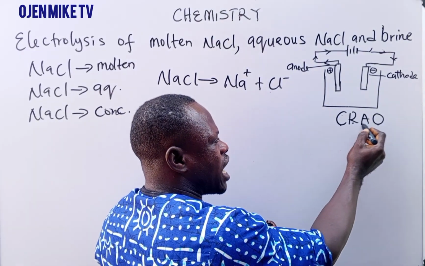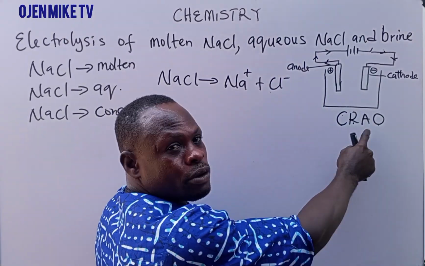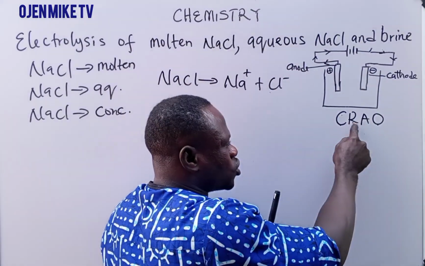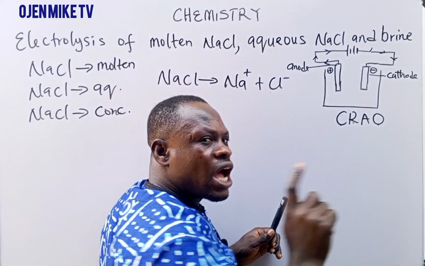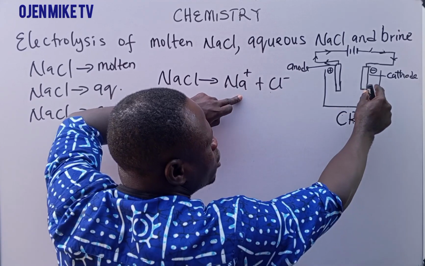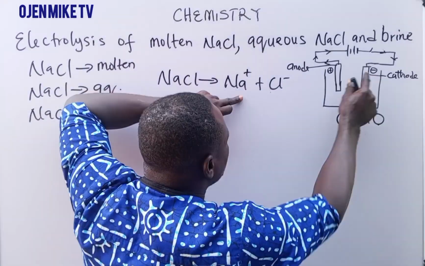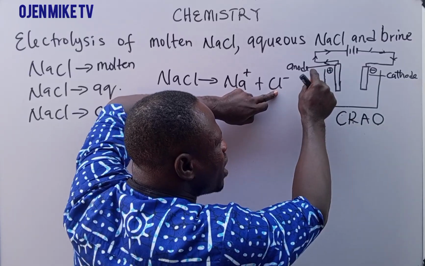The positive ions migrate towards the negative cathode, and the negative ions migrate towards the positive anode.